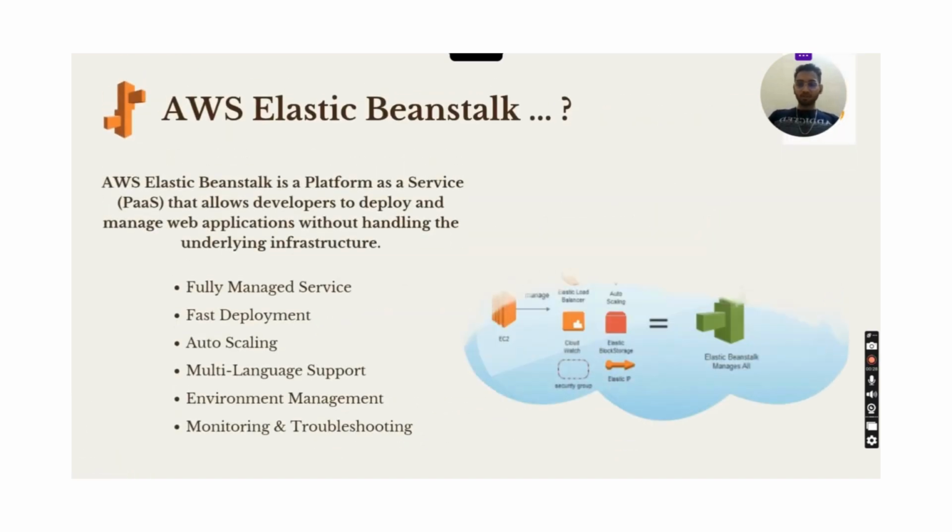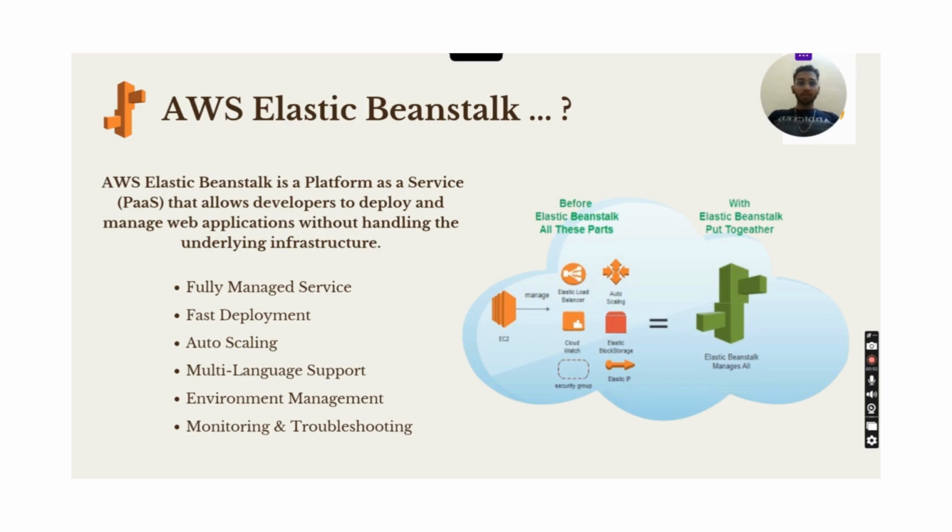First of all, AWS Elastic Beanstalk can be considered a platform as a service, also known as PaaS, which is offered by Amazon Web Services. It allows developers to deploy their web applications and manage them without handling the underlying infrastructure. You can see on the screen it provides a variety of features. First of all, it's a fully managed service, meaning that AWS takes care of the infrastructure setup and scaling.